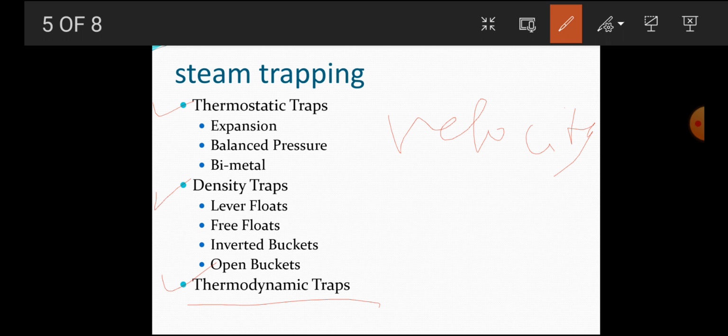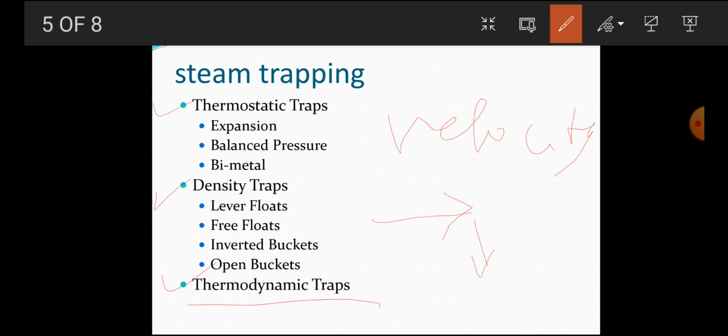A relatively high velocity fluid. When condensate enters the trap body, it moves slowly relative to the steam, and it will be freely discharged.